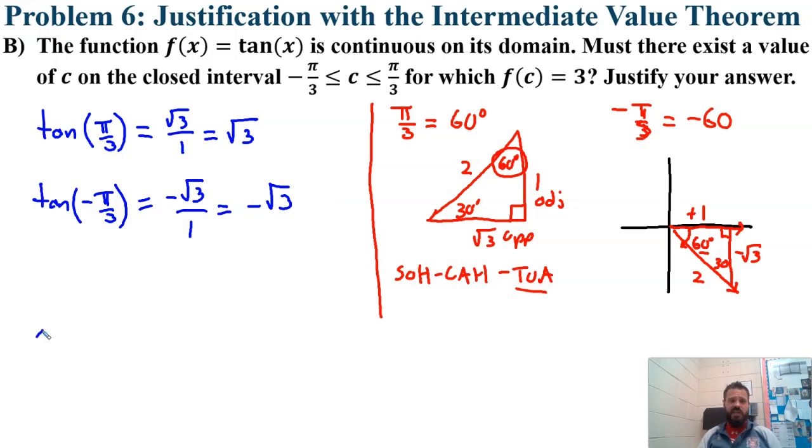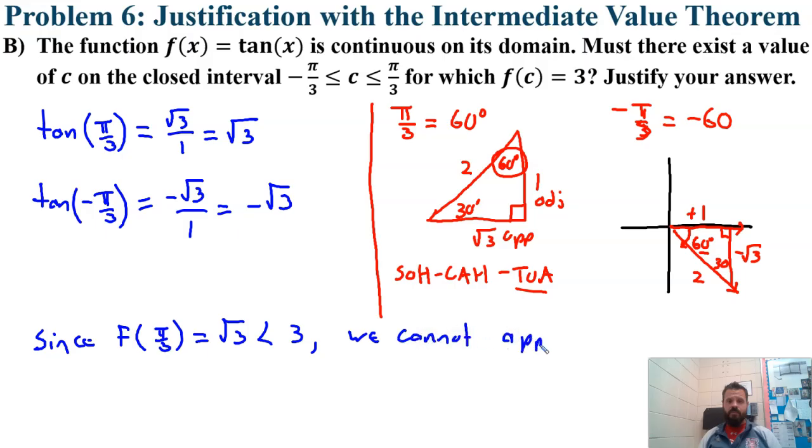So we can say that since f of pi over 3 equals root 3, which is less than 3, we cannot apply the intermediate value theorem. Since we're outside of those bounds, we can't apply the intermediate value theorem.